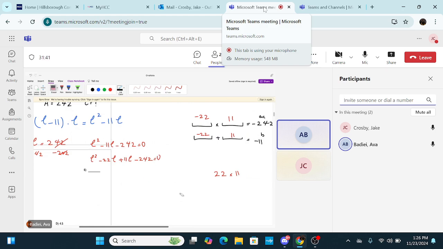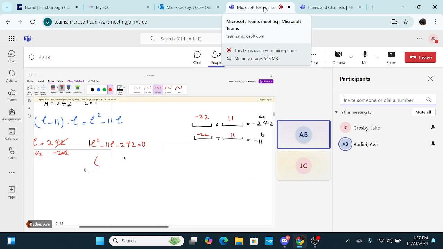So I see how you're doing it, and it's perfectly fine. But there is also another way that you can do faster, because from what I see here, you're going to do group factoring. Again, that's perfectly fine. It's definitely going to work. But in cases when your A is equal to 1, once you find those two numbers, it's done. You don't need to do all these extra steps.